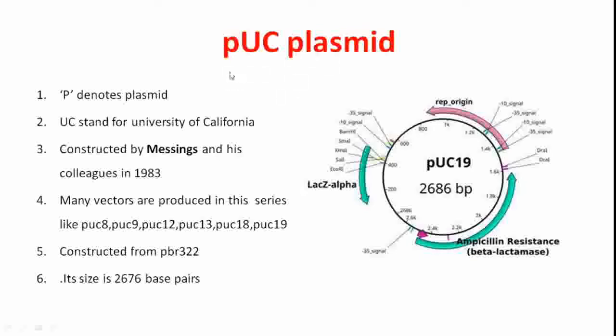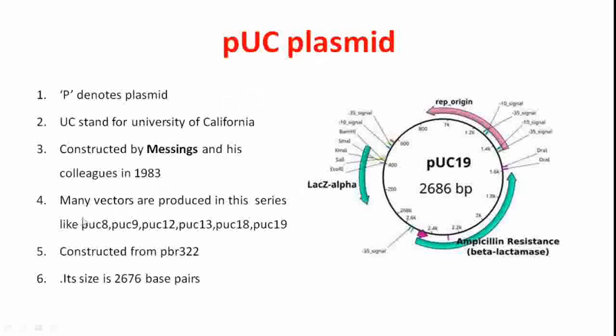Actually, this pUC plasmid is modified from pBR322. The pBR322 plasmid is modified into the pUC plasmid, and there are many modifications. As a result, a number of plasmids are produced in the pUC series. That's called a series.